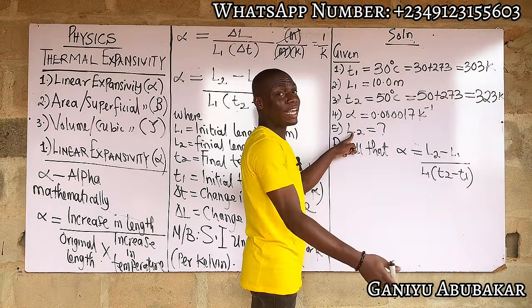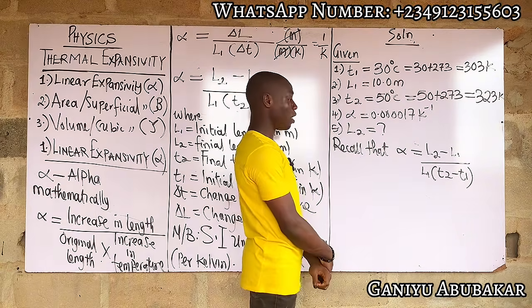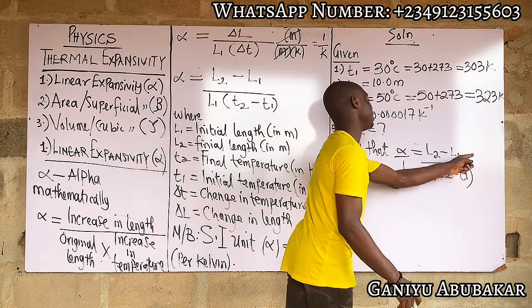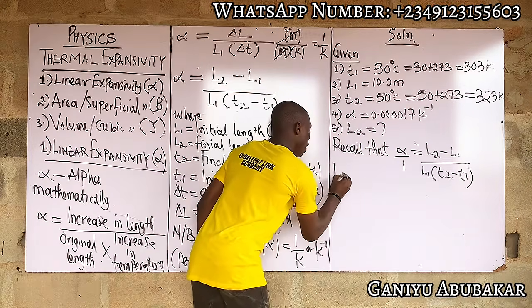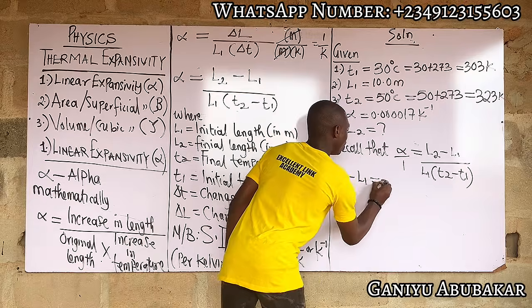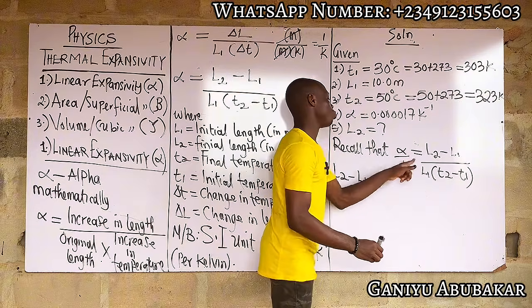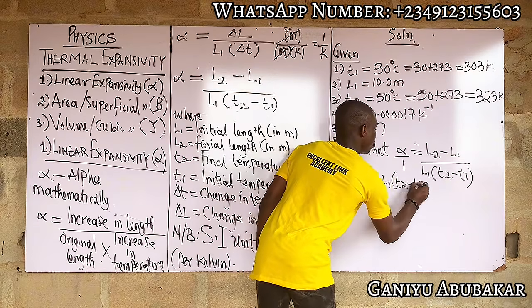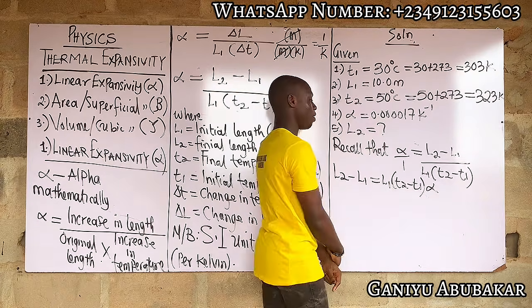So I'll try to make L2 the subject of the formula. There's an invisible 1 here. 1 times everything gives L2 minus L1 equal to, multiply these together, L1 into T2 minus T1, then alpha.